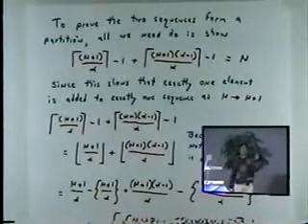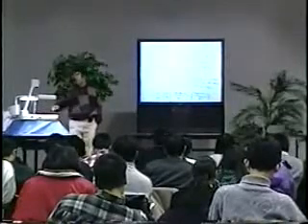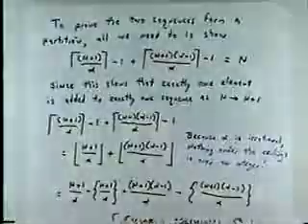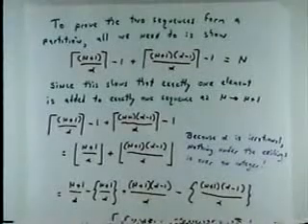How many people understand the general line of the argument? Anybody confused by the general line of the argument? It's a clever kind of idea. We're going to prove that they're separate by basically counting. And so now I have to show that this formula is equal to that. So let's go and do that.